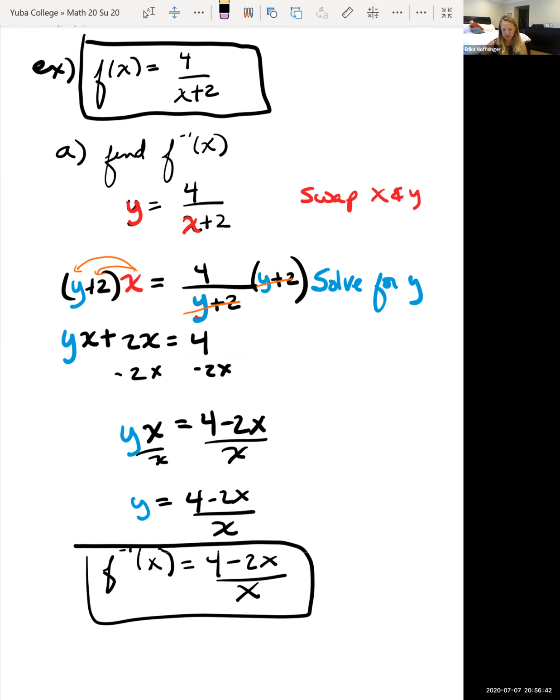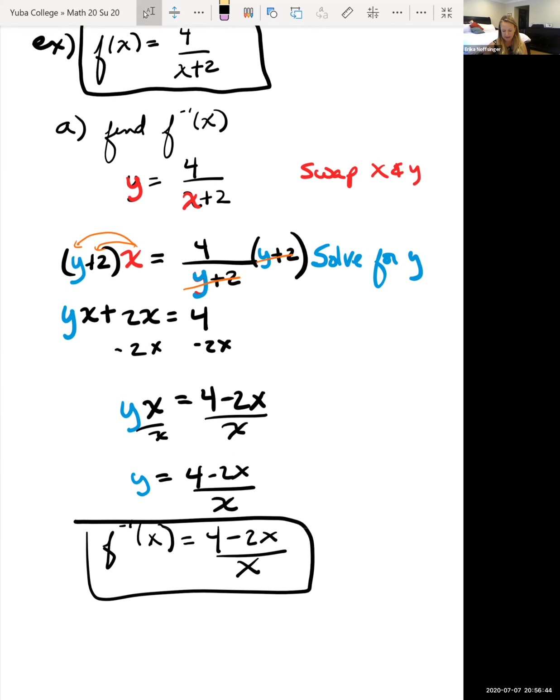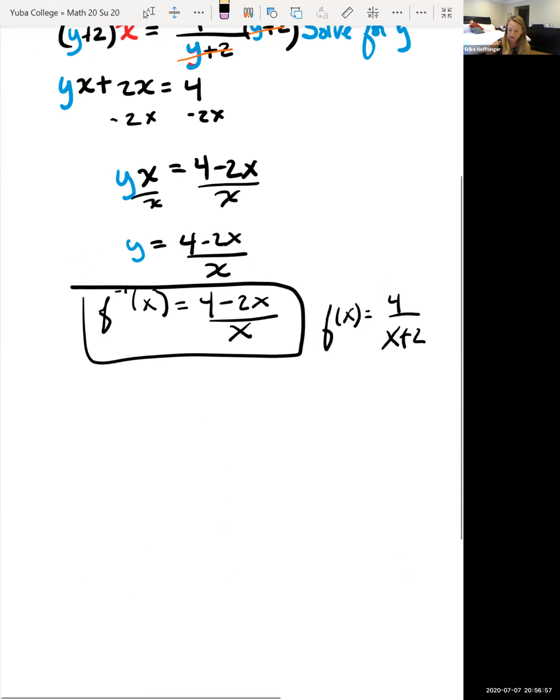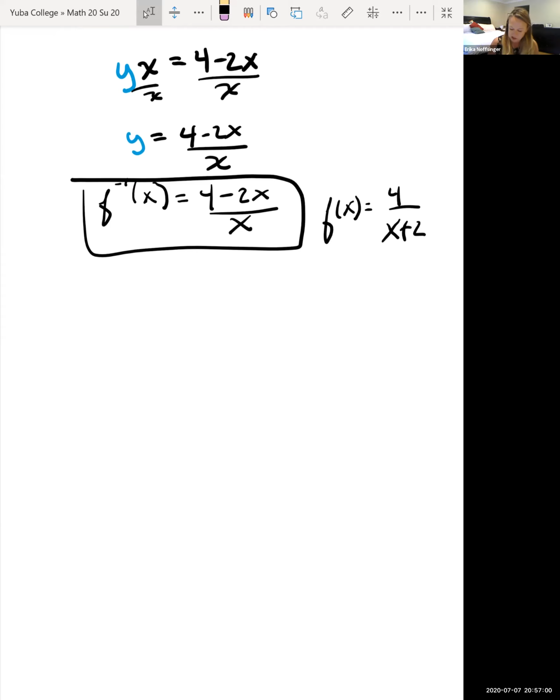So I wanted us to show that what we did was right. So I'm just going to write f of x down here to help me so I can scroll up. F of x is 4 over x plus 2. So let's show those are inverses of each other.